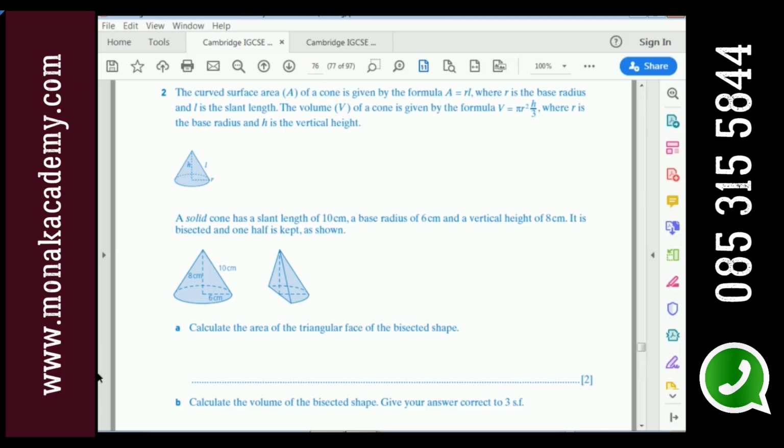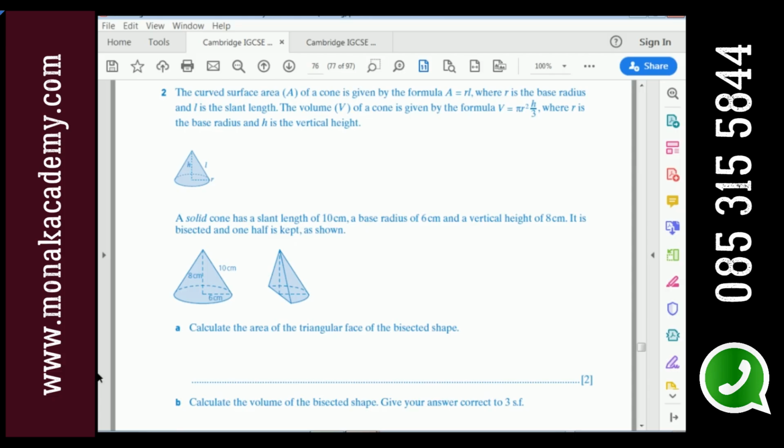All right, the curved surface area A of a cone is given by the formula pi r L, where R is the base radius and L is the slant length. The volume V of a cone is given by the formula V equals pi r squared H over 3, where R is the base radius and H is the vertical height.